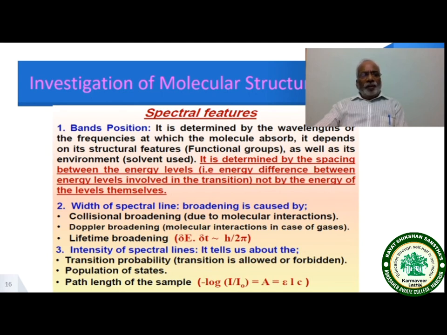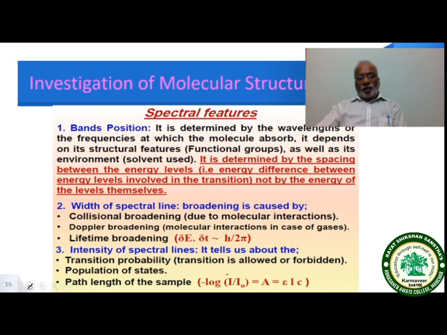For the peak width or bandwidth of the spectral line, broadening is accounted for, which is due to different factors: collision broadening, Doppler broadening, and lifetime broadening. Here the intensity is important. This intensity is measured in terms of absorbance, and absorbance depends on three factors: transition probability, population of states, and path length of the sample.